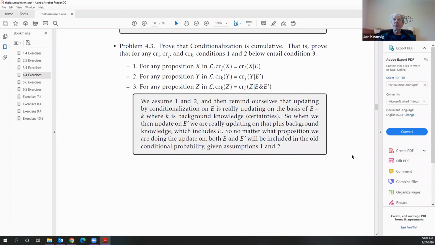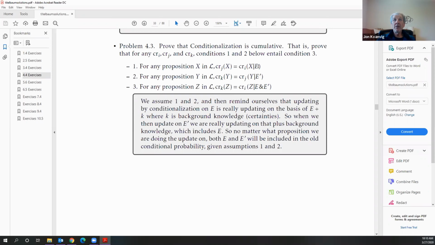Problem 4.3, prove that conditionalization is cumulative. That is, prove that for any 3 credences where I is before J, which is before K, if you update at time j on the basis of conditional credences from I, and then you update at k on conditional credences at time j, then you will be updating at k on the basis of conjunctive credences.